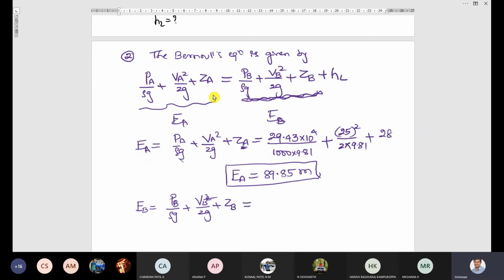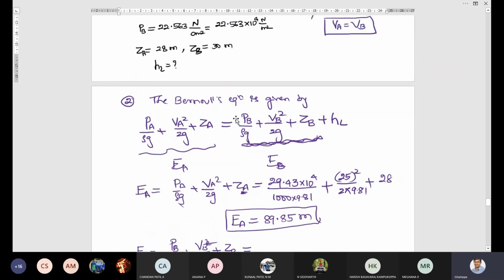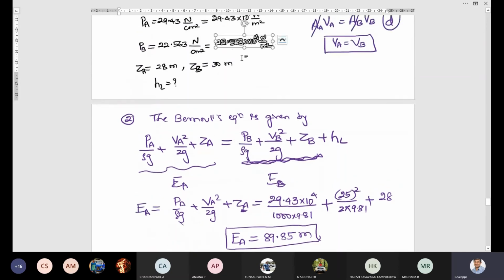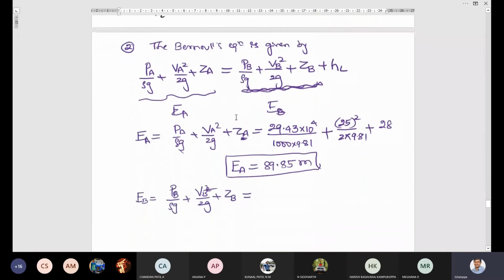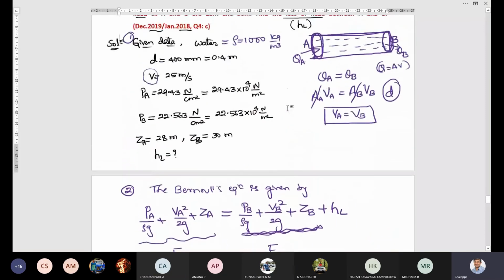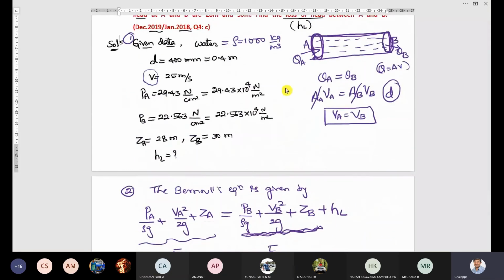The pressure at point B is 22.563 into 10 to the power of 4, divided by rho 1000 and g value 9.81, plus the velocity at B, which is the same because it is a uniform pipe. There is no change in the diameter of the pipe.